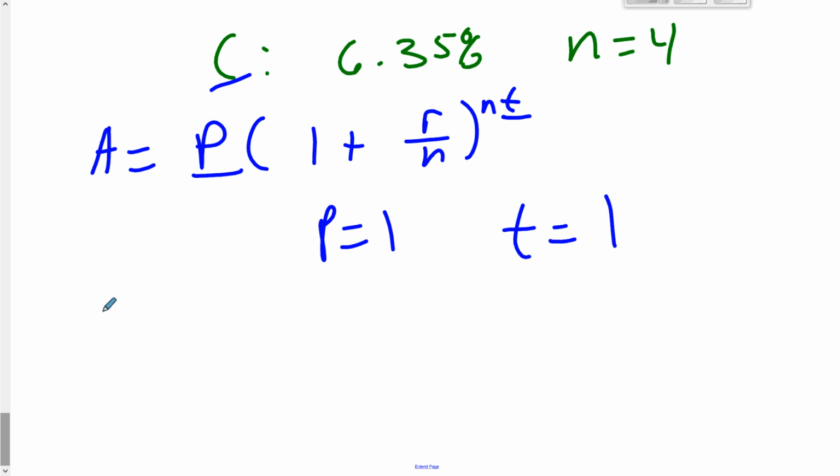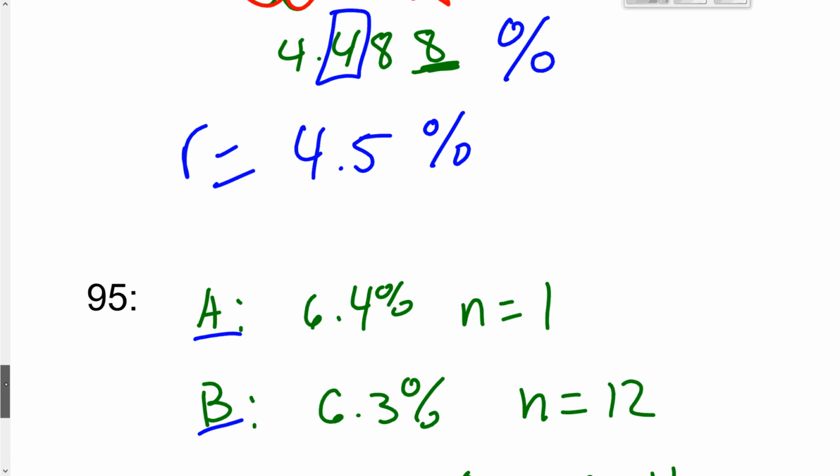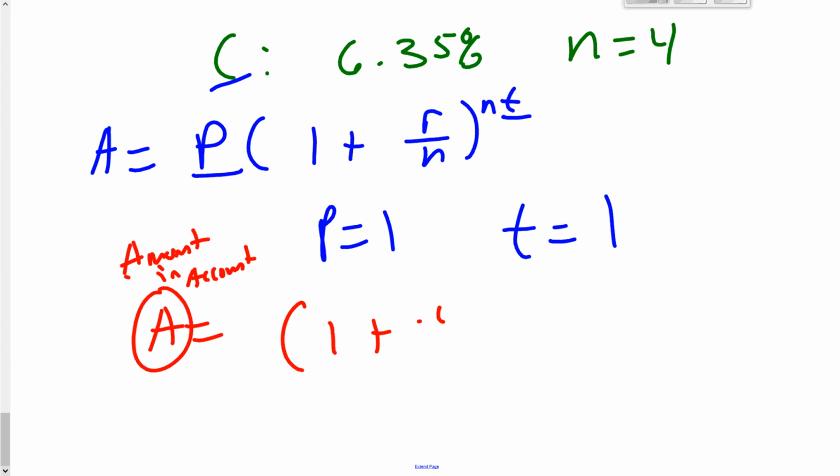So let's do A in red. So bank A, we want to find how much is in the account. This stands for the amount in the account, or future value. Okay, so that is P, 1, times what's in parentheses, 1 plus our rate, 0.064, all over N, and our N was annually, 1, raised to 1 times N, which is just 1.